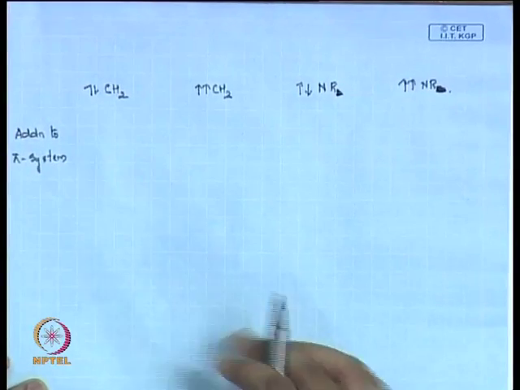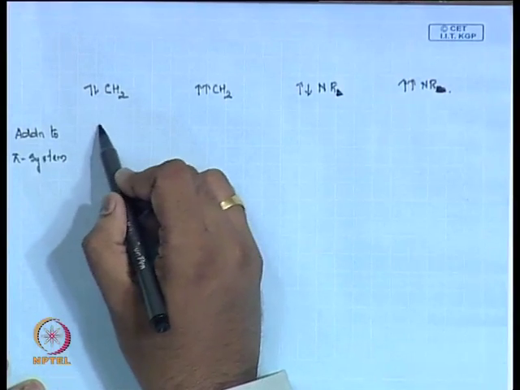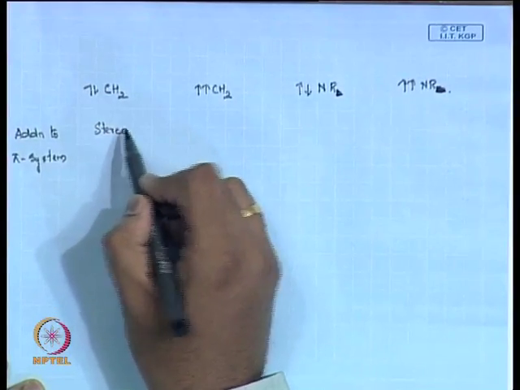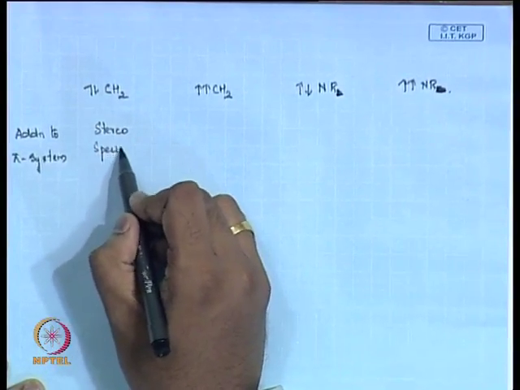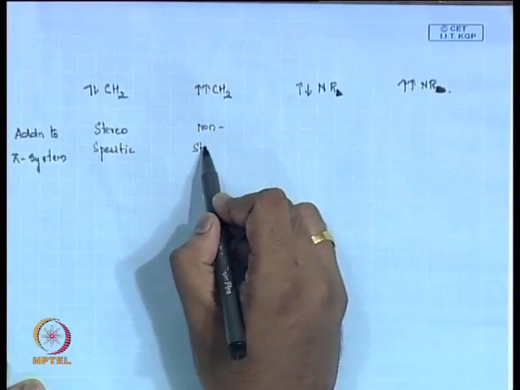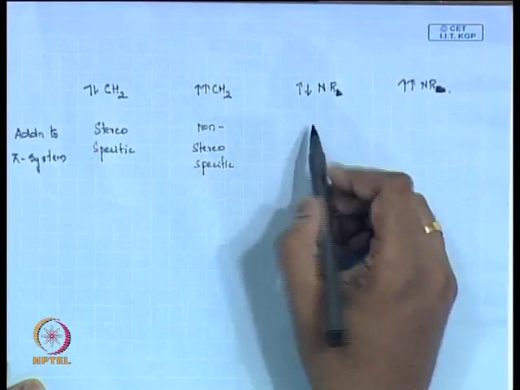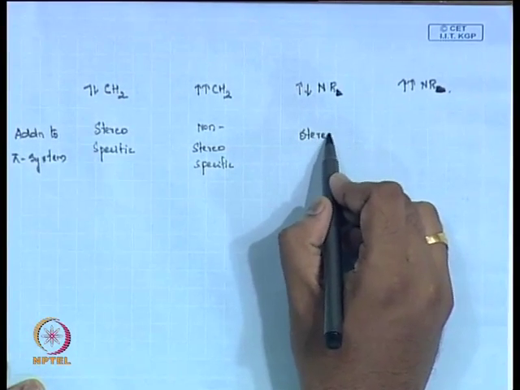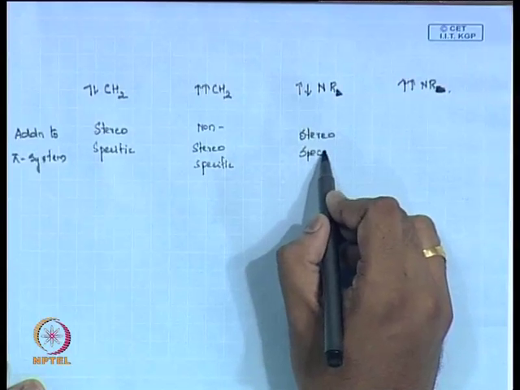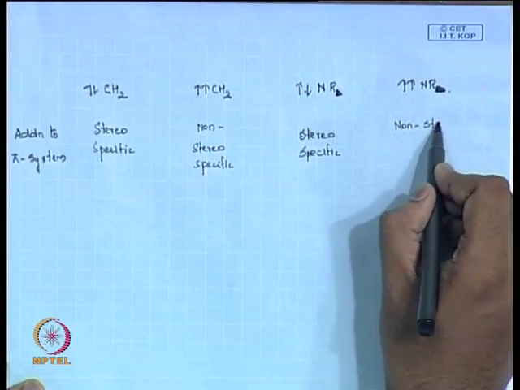What happens with singlet carbene addition to a pi system? We have studied that. It should be stereospecific. This should be non-stereospecific, right? Again, this should be stereospecific, and this should be non-stereospecific.